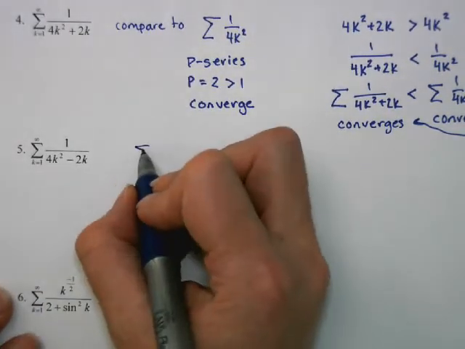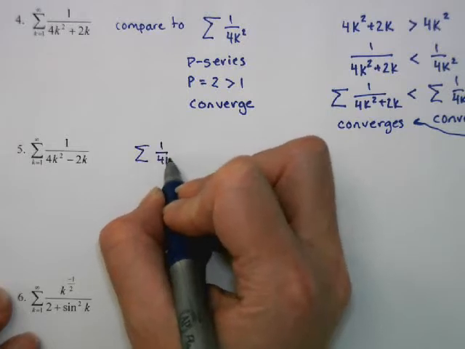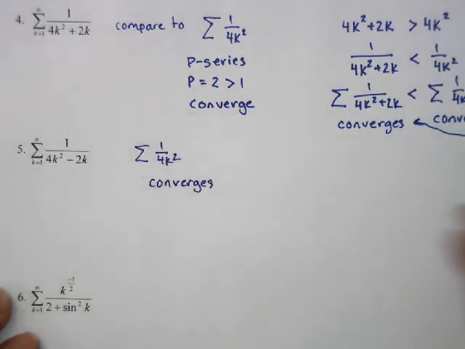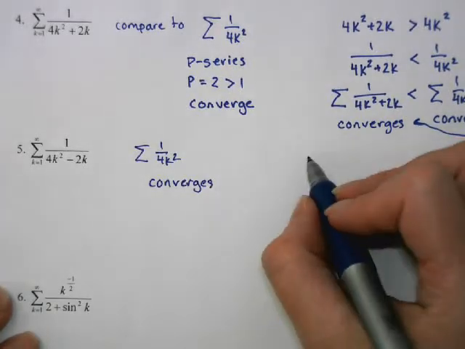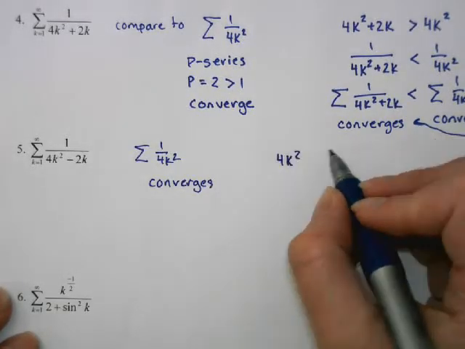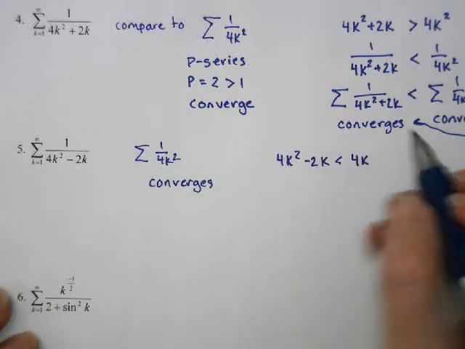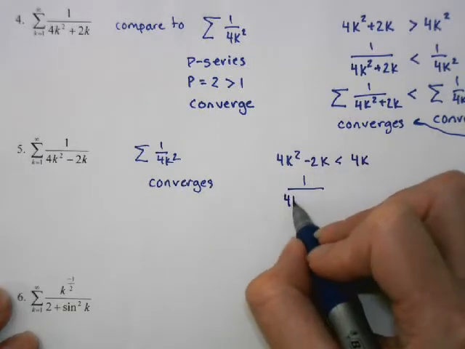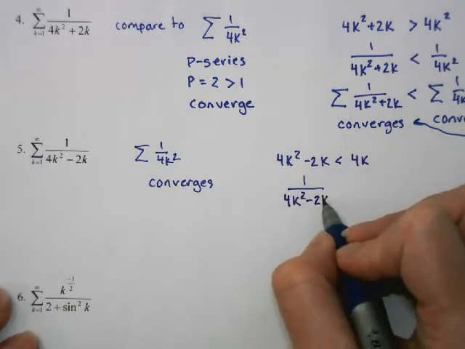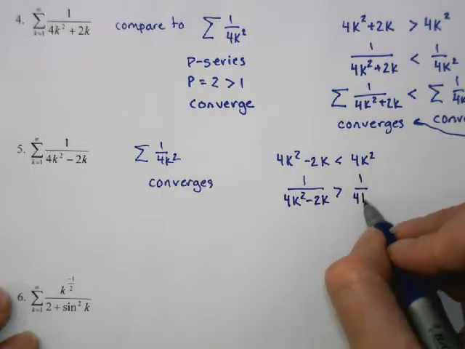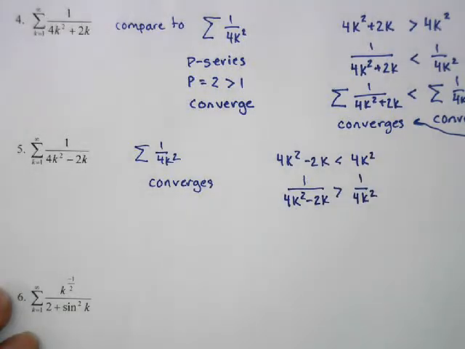Okay, looking at this one, I'm still going to compare it to this one, which still converges, and I'm not going to go through all the reasoning again. But when I build this one, 4k squared minus 2k is going to be less than 4k squared, which means that's going to be bigger than that.